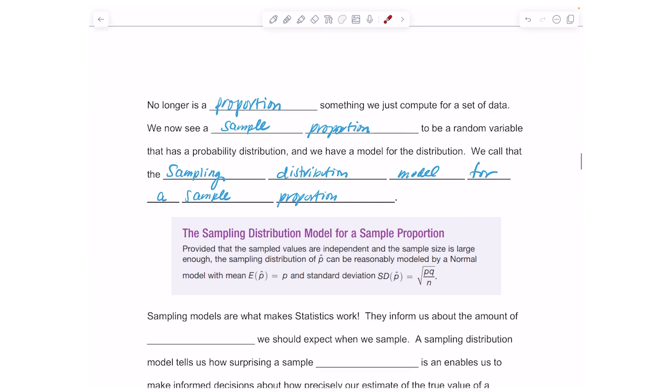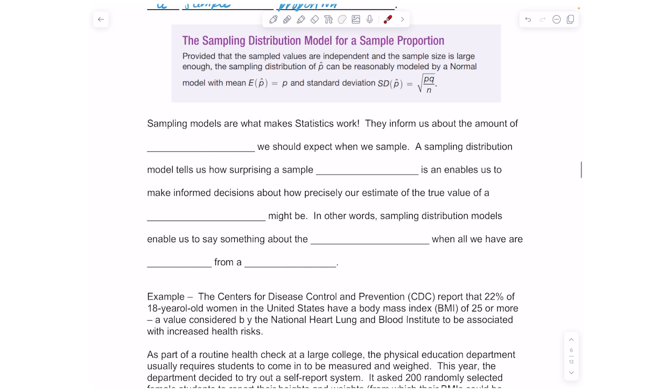Sampling models are what make statistics work. They inform us about the information or amount of variation we should expect when we sample. A sampling distribution model tells us how surprising a sample statistic is and enables us to make informed decisions about how precisely our estimate of the true value of a parameter, remember that is for populations, might be.